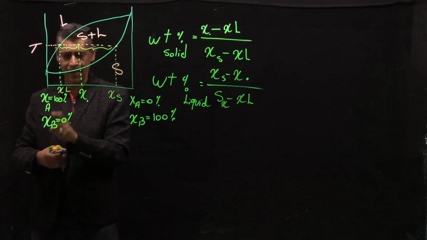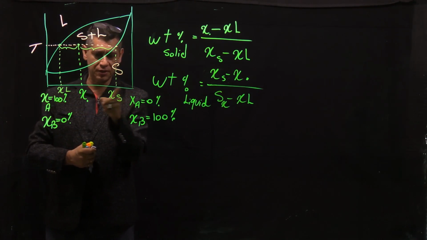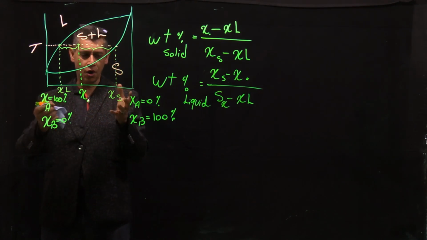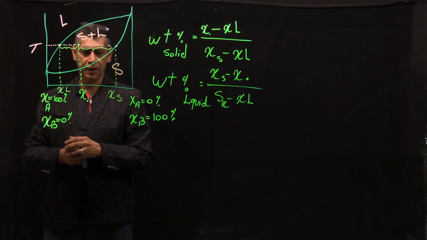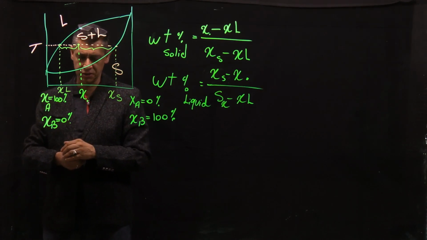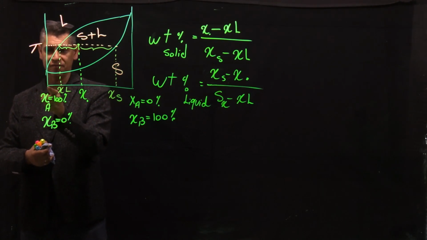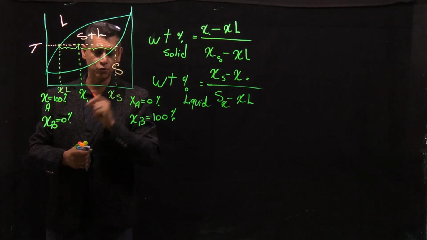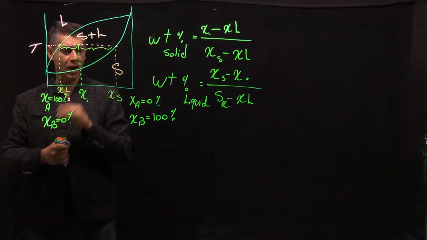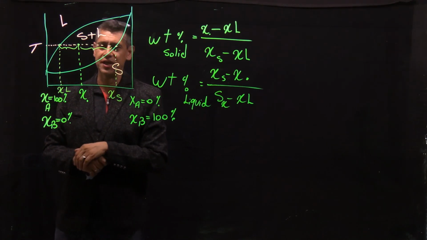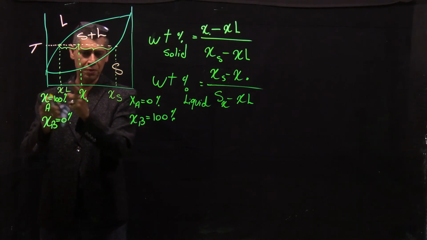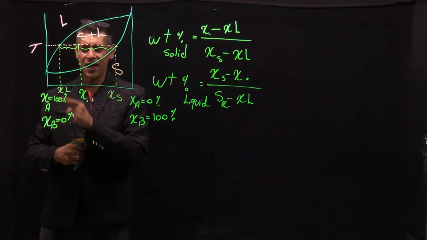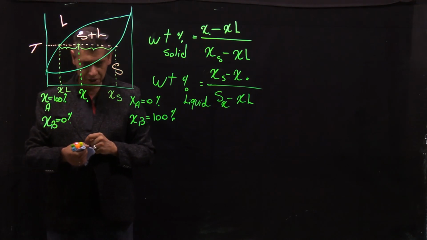I call them X_A and X_B. This x-axis is the composition of your system. If you are here, you have 0% B, 100% A. If you are at this point, you have 100% B, 0% A. You could be anywhere here, assuming you are at X sub 0 at the temperature T.